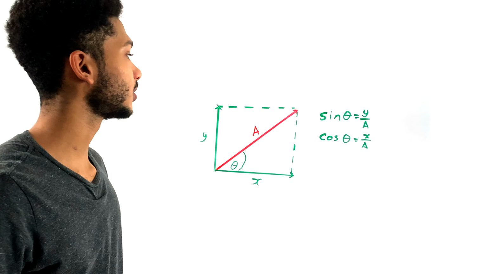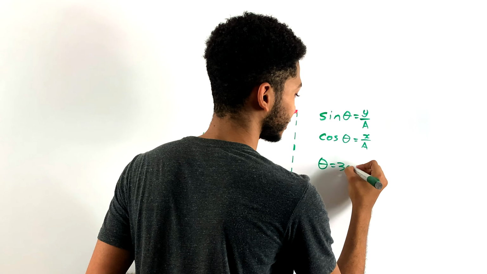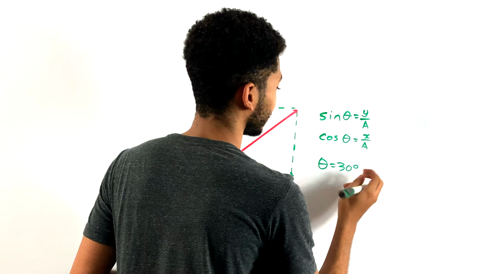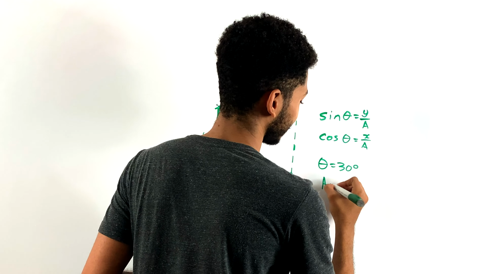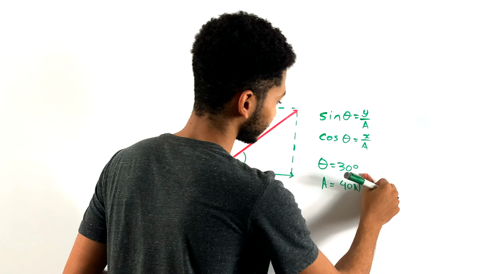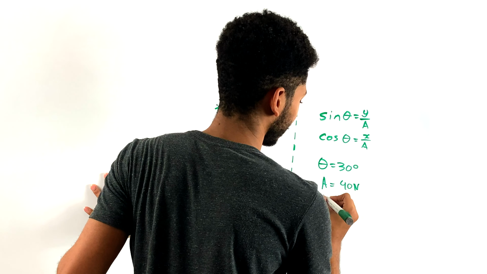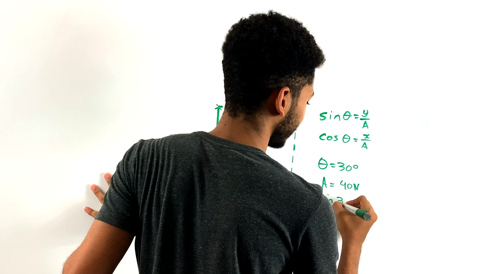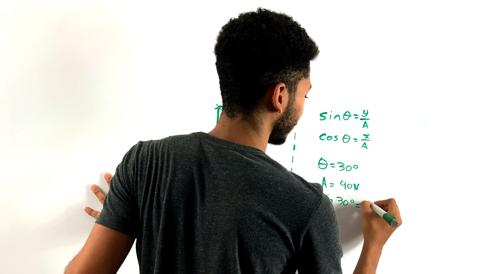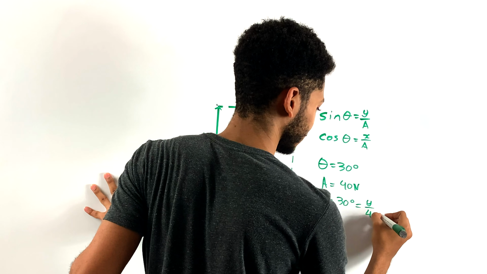So, for example, if theta is equal to 30 degrees and A is equal to 40 newtons, then sine 30 degrees is equal to y over A, which is 40 newtons.